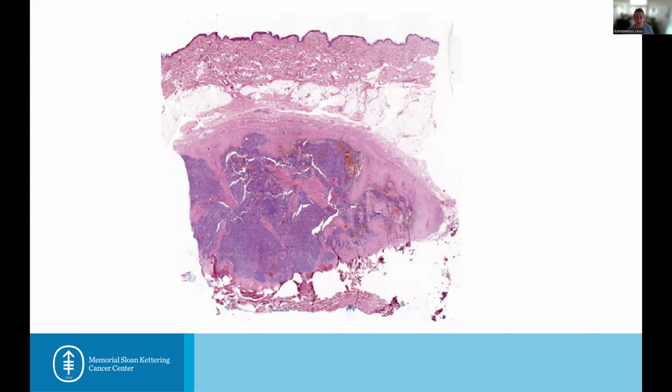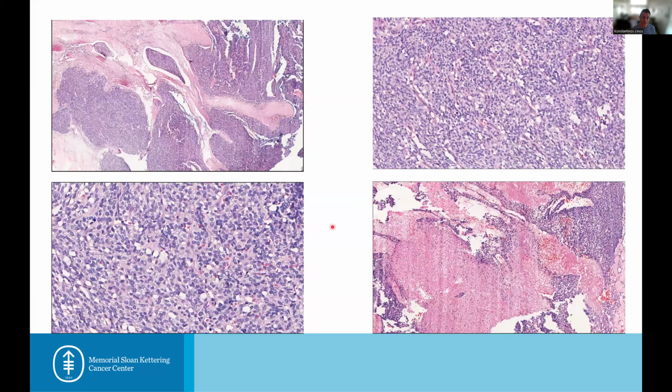It's a subcutaneous tumor, well circumscribed, unencapsulated, with a kind of multinodular growth pattern separated by collagenous fibrous septa. In high power, you can see lymphovascular invasion or tumor protruding into the vascular spaces.